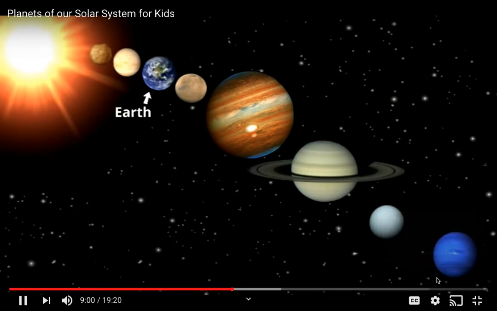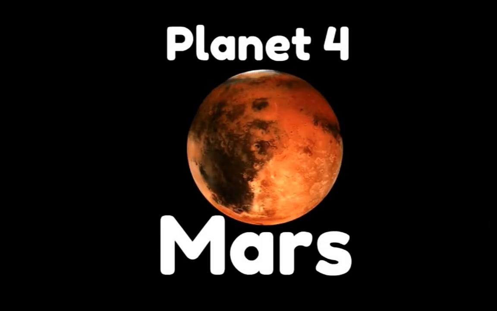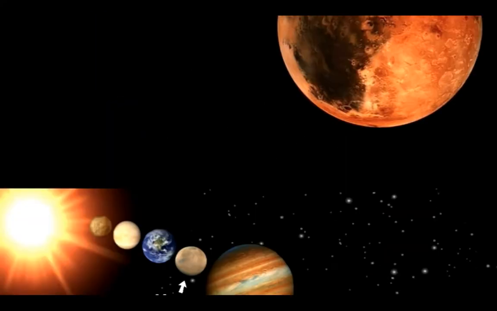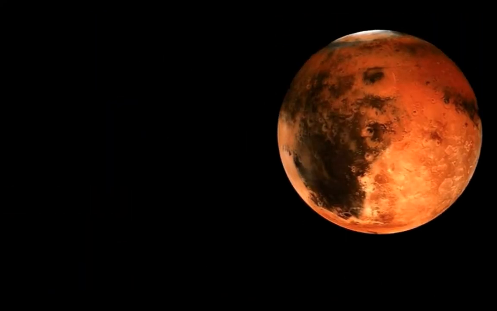The 4th planet is Mars. Mars is right here, in between Earth and Jupiter. What color is Mars? Look at Mars. What color is that? Yeah, it's kind of like a reddish orange.